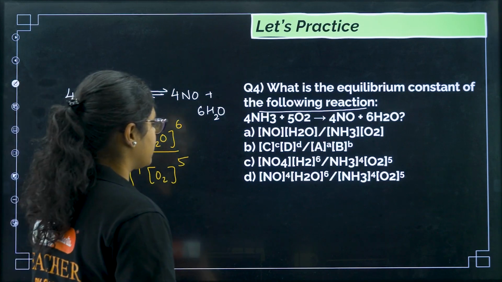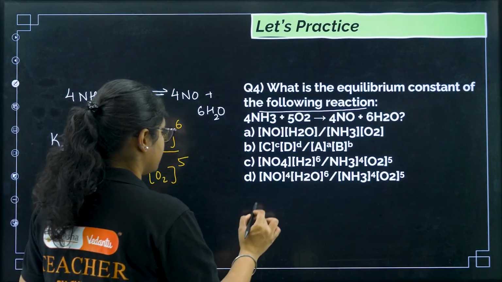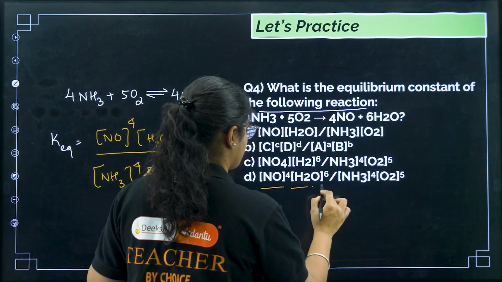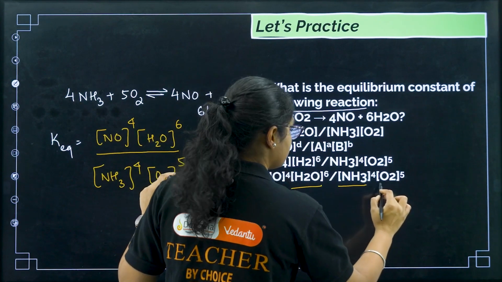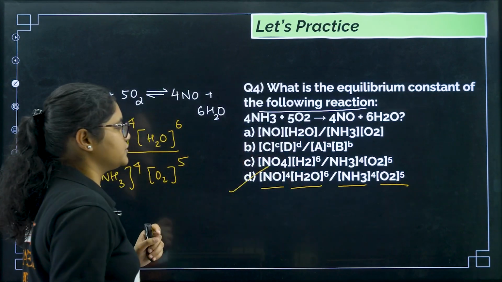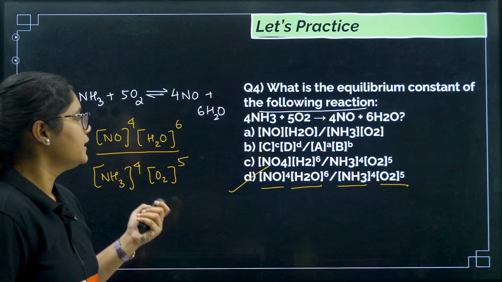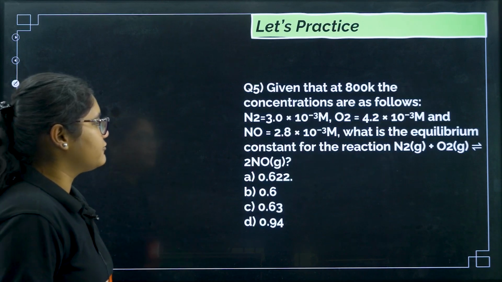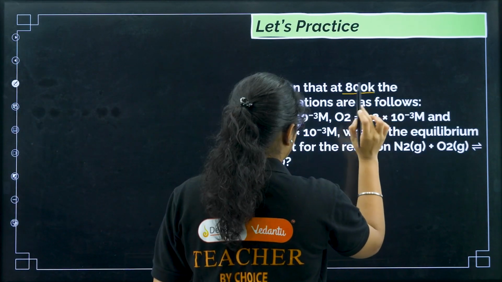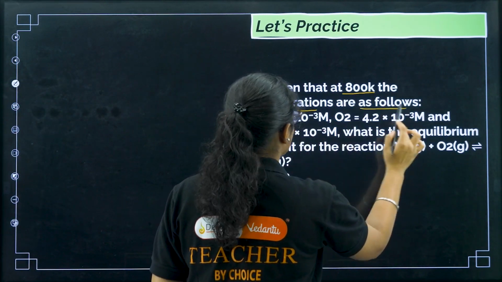The correct option is NO to the power of 4, H2O to the power of 6, over NH3 to the power of 4, O2 to the power of 5, that is option D.